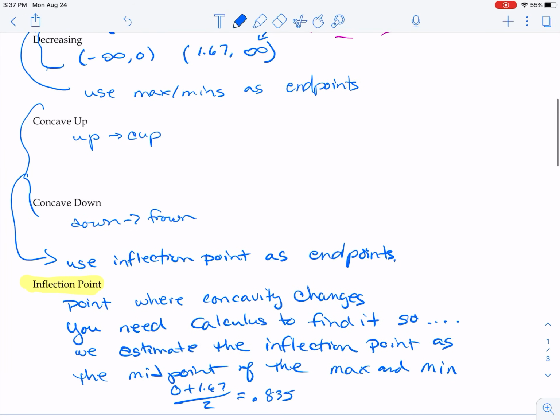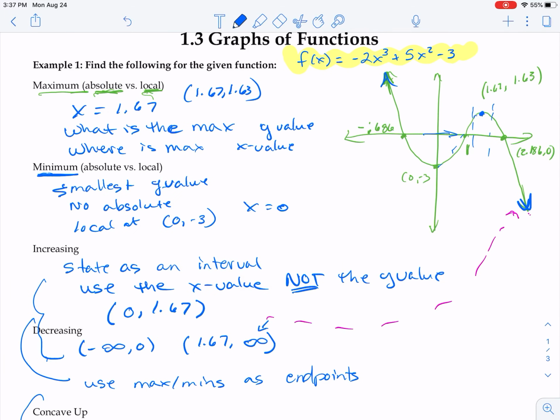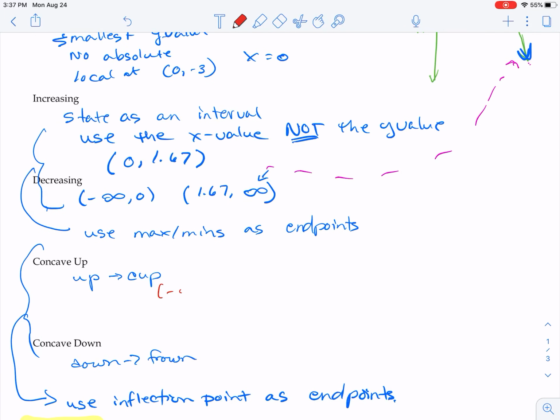Okay, so now let's go back up here and talk about concavity. This function is concave up from here to its inflection point. Okay, so you're going to write it as negative infinity to 0.835.